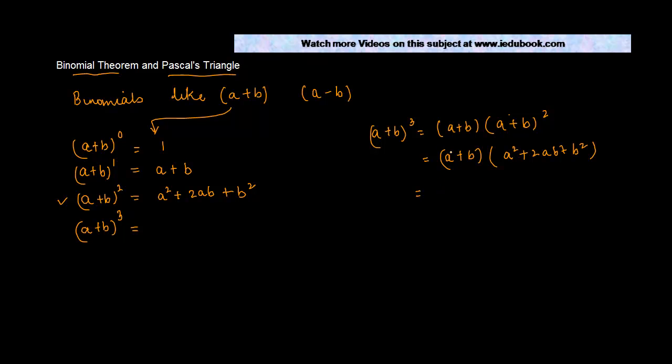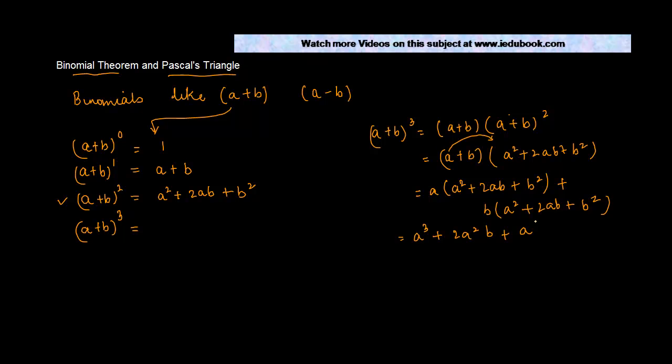We just do the multiplication, so we get a into a square plus 2ab plus b square plus b into a square plus 2ab plus b square. Or if you open it, you get a cube plus 2a square b plus ab square plus b a square plus 2ab square plus b cube, right?